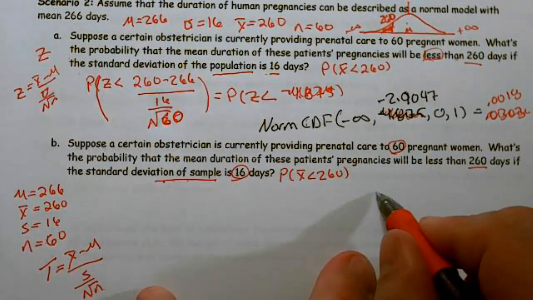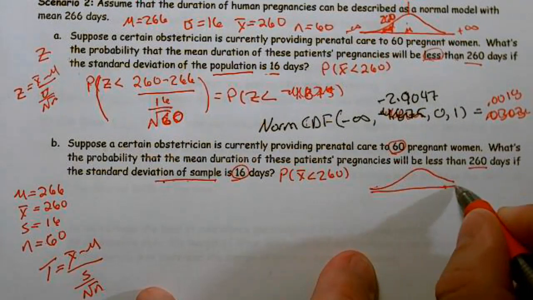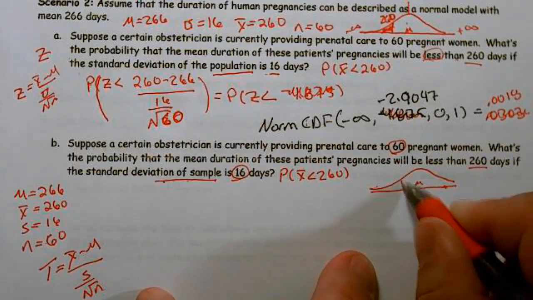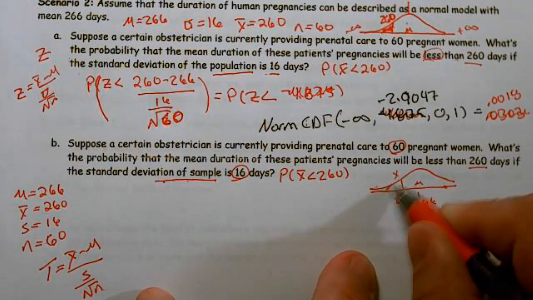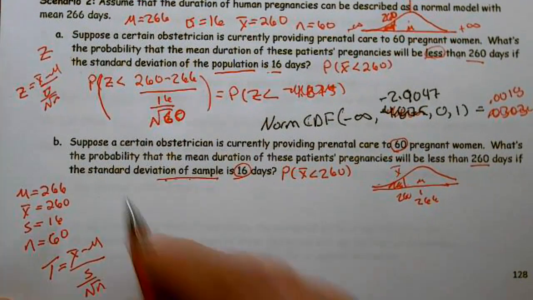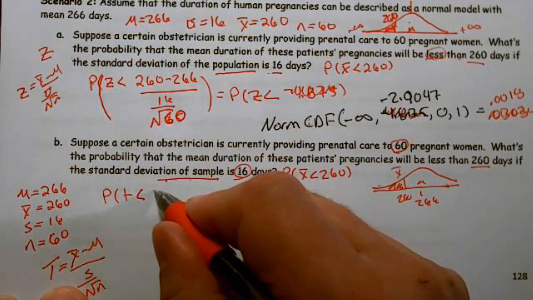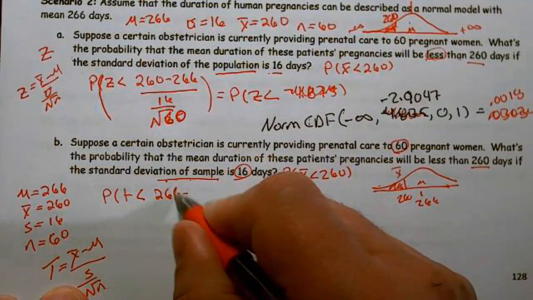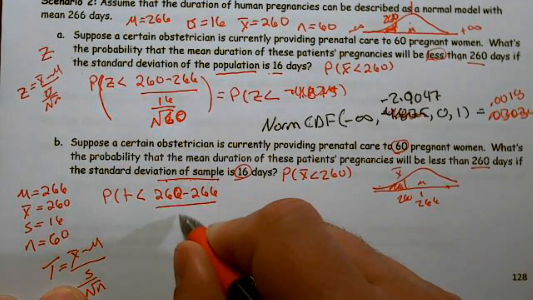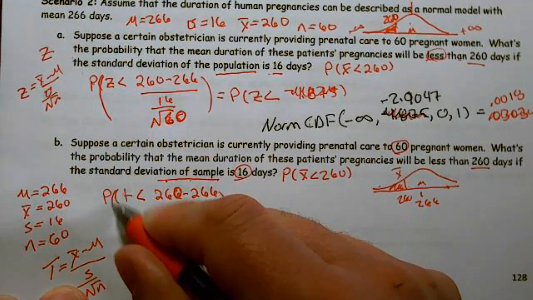And once again, drawing this picture here, we're still centered at 266. That's our mean. We have an X bar of 260. So everything so far is exactly the same, except our formula looks a little bit different. So the probability that T is less than, plugging in 260 minus 266 over 16 divided by the square root of 60.